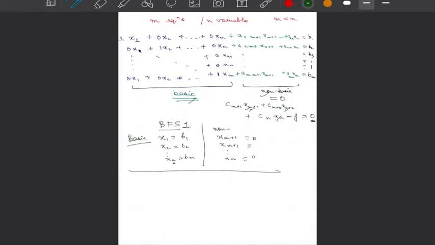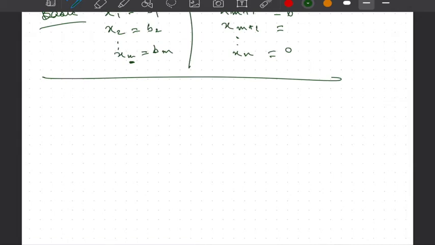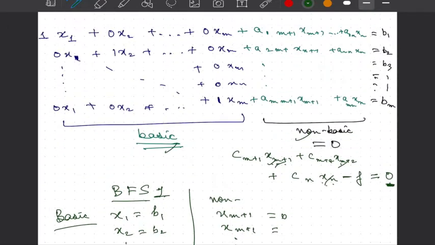To do that, we will select that variable from x_{m+1} to x_n whose coefficient is the largest with negative sign, and we already discussed the rationale behind that. So let us say that we choose x_s, where s is greater than or equal to m plus 1, which means the index is somewhere here.